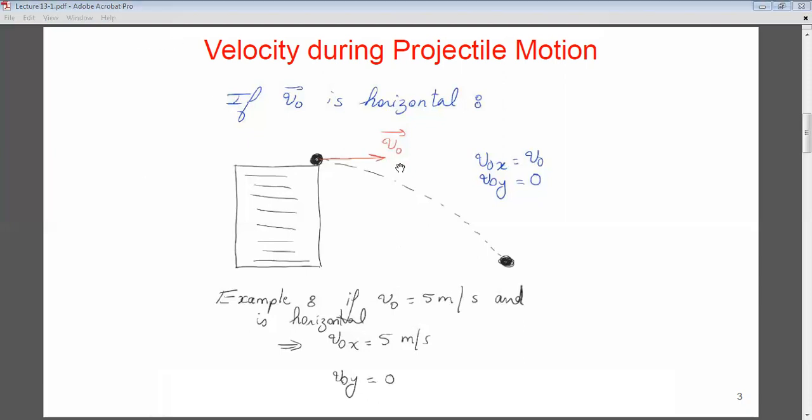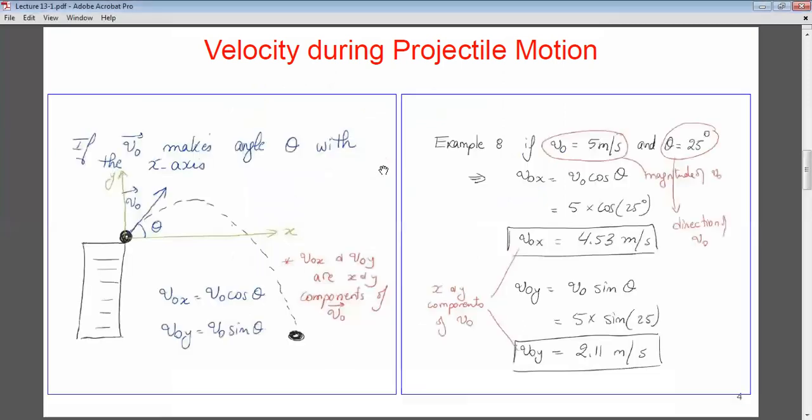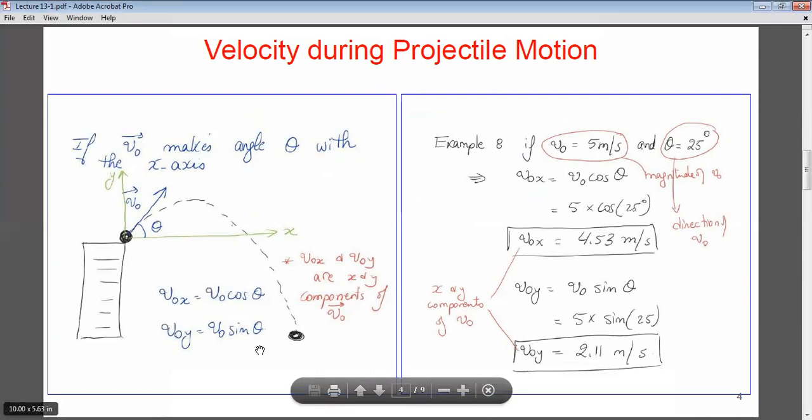Another example: if v0 makes an angle theta with the x-axis, then v initial x equals v initial cosine theta, and v initial y equals v initial sine theta. V initial x and v initial y are the x and y components of the vector v initial.